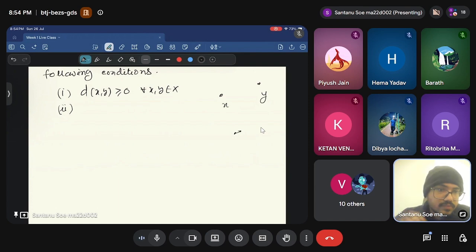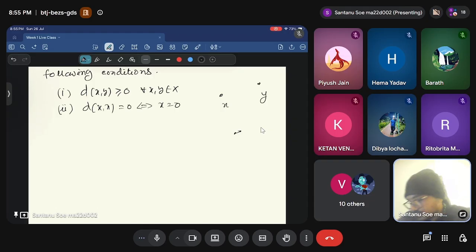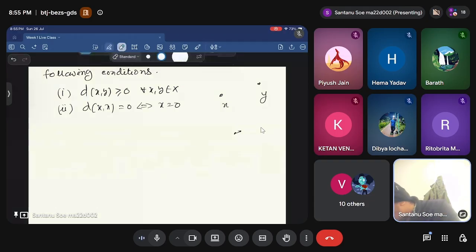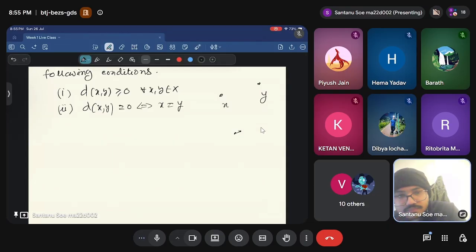So if there is no travel distance, you have never moved from that point. That means if d of x comma x is 0, this will imply x is 0. Or in other words, if d of x comma y is 0, this will imply x equals y.